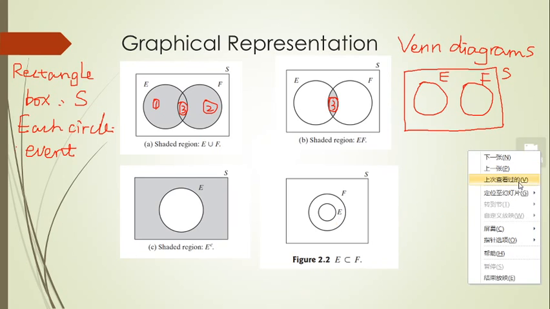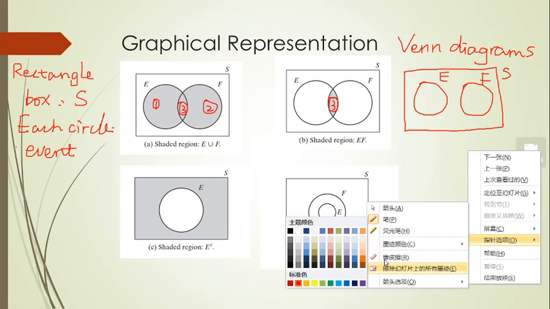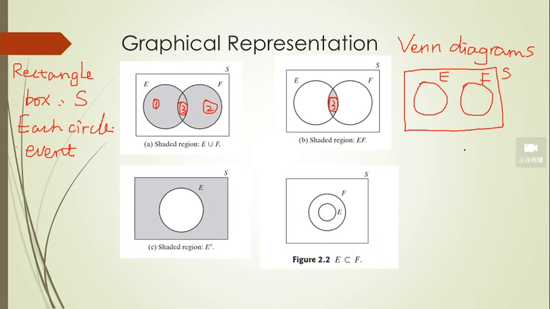If E and F are in this way, what is E union F? Should be all the outcomes in E or in F. Here there is no part 3, there is no intersection, so the shaded region is those two circles. That is E union F, E or F.